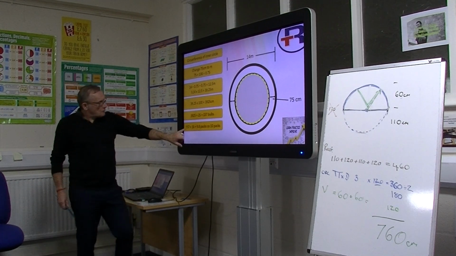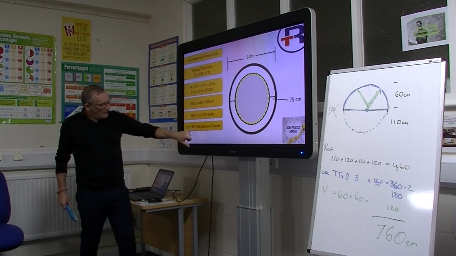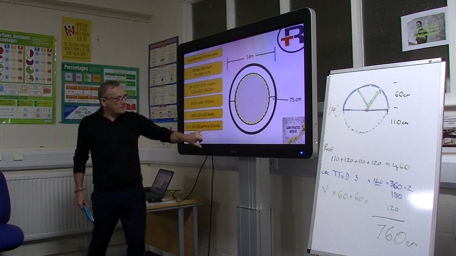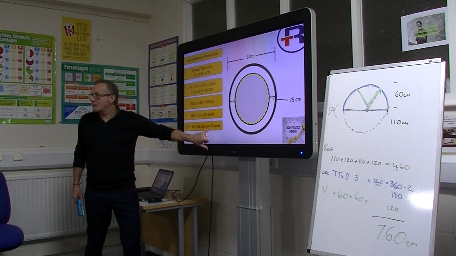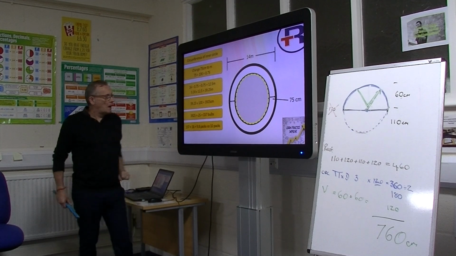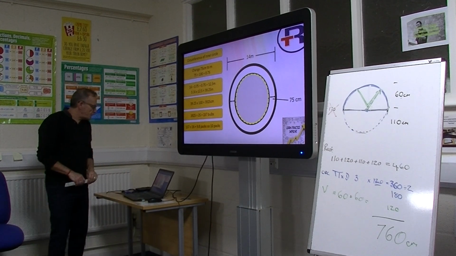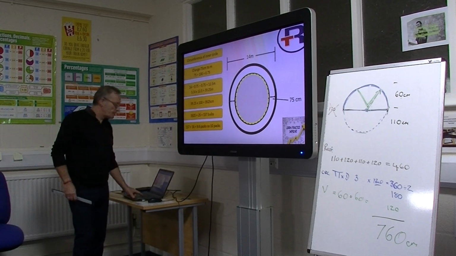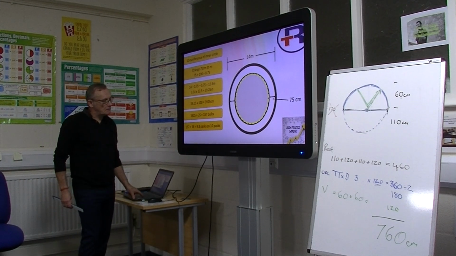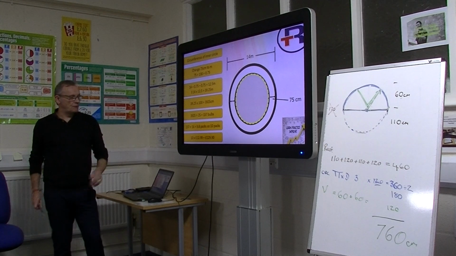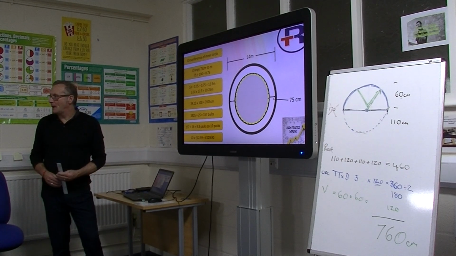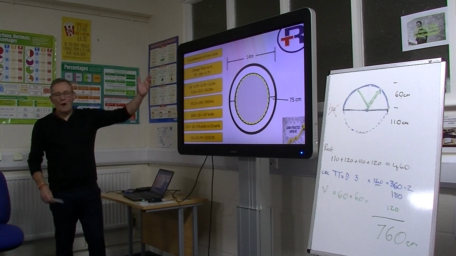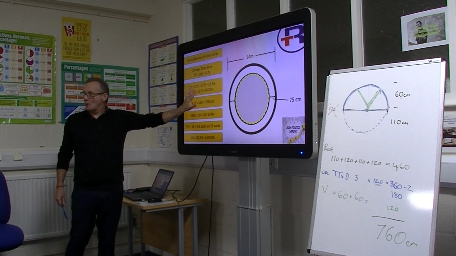So 157 divided by 16 equals 9.8 packs. 10 packs. And they cost £12.99 per pack. So what's it going to cost us? £129.90. Yeah?